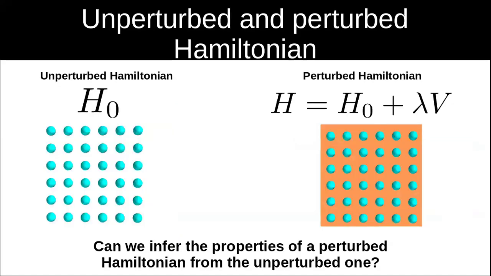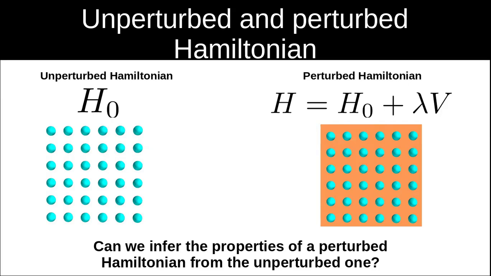For linear response theory, we need to follow a relatively general idea. We have the original Hamiltonian of the material, H0, the Hamiltonian of the unperturbed material, before we make any perturbation.